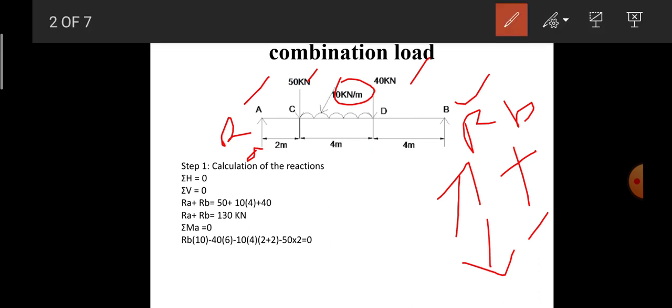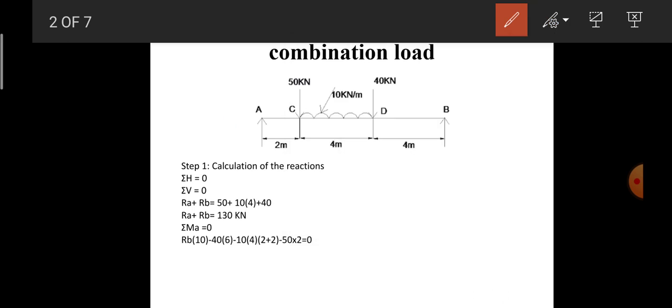Starting from point B, we have RB into the distance between B and A, that is 10 meters. So RB into 10, which is anti-clockwise, hence it is taken as positive. Next, we have the force of 40 at a distance of 2 plus 4, that is 6 meters. So 40 into 6, which is clockwise, hence it is taken as negative.